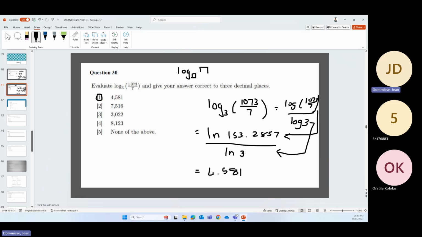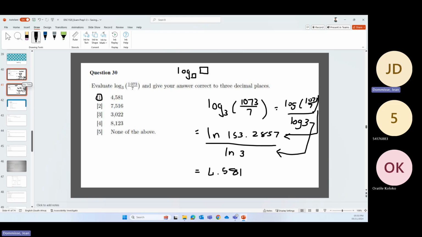Sometimes it has those blocks. Unfortunately mine doesn't, but if it has that, that is how you can then substitute that one with 3 and that one with 1073 divided by 7.